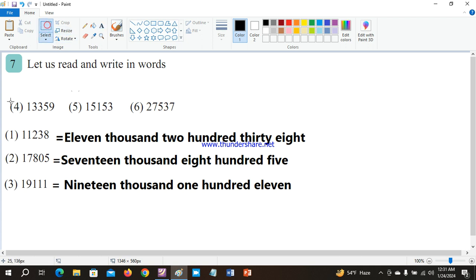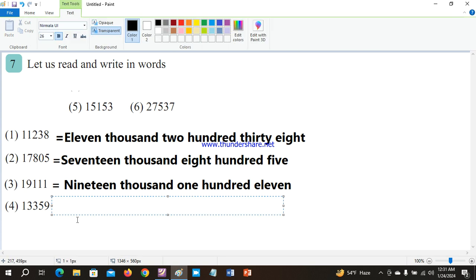And the problem 4 is equal to ones, tens, hundreds, thousands and ten-thousands.